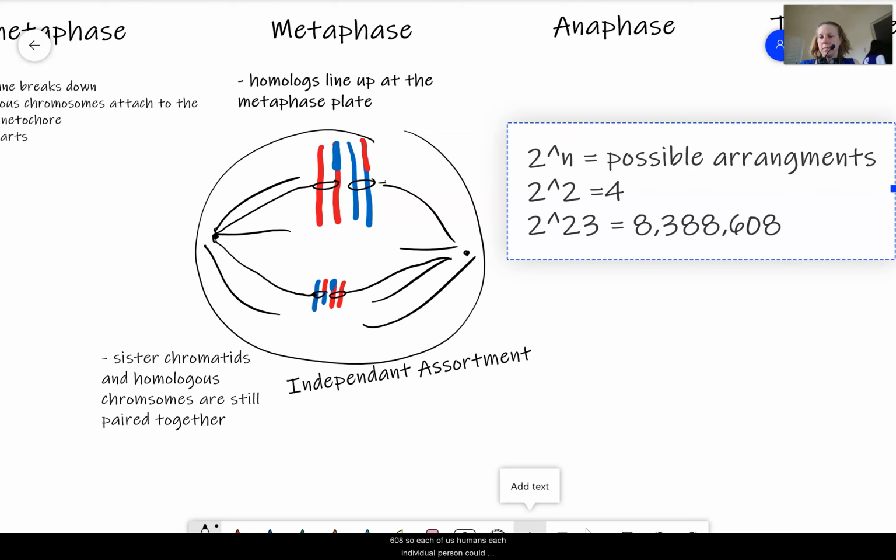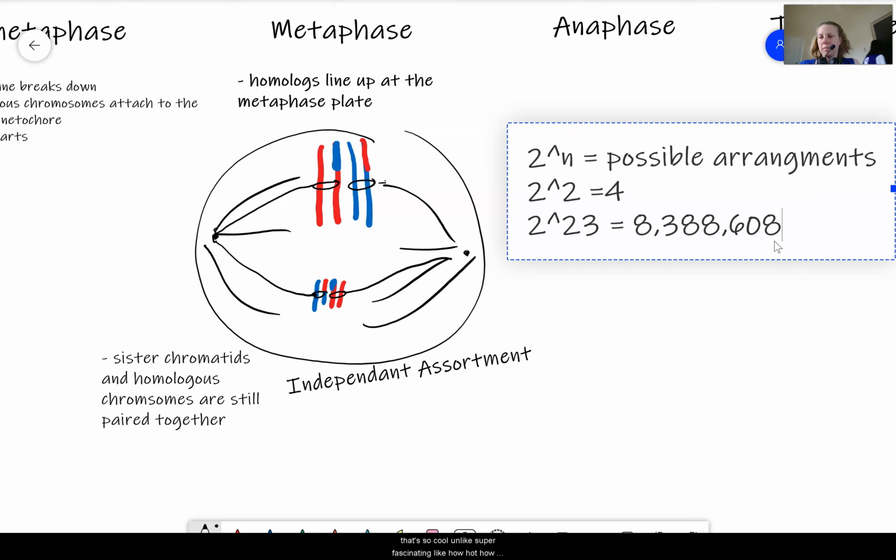So each individual person could make a possible egg or sperm cell with a different setup or arrangement, just based on how the chromosomes line up at metaphase. So we could each make 8,388,608 unique individual cells that all have different genetic information.